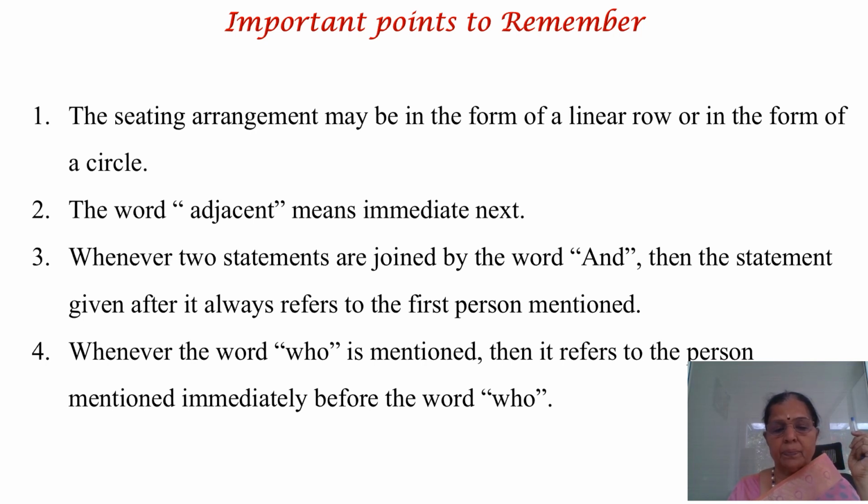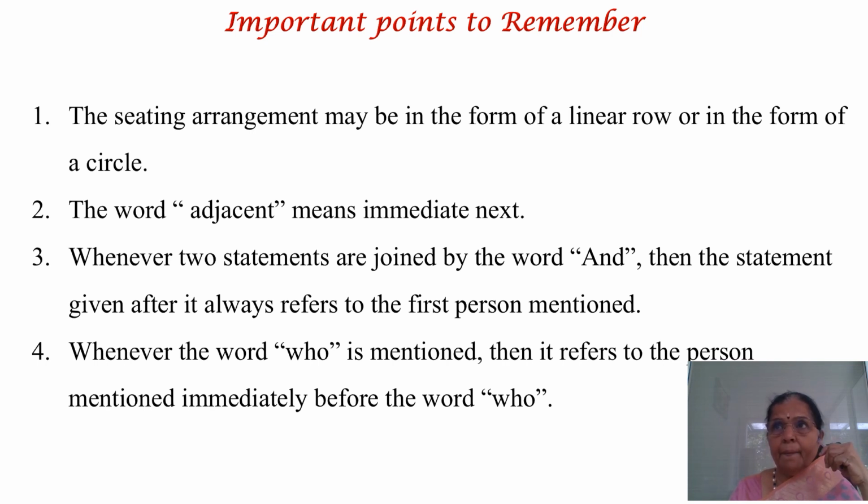And the third important point is that when two statements are joined by the word and, then the statement given after and always refers to the first person mentioned. Now, it will be clear if I give you an example.